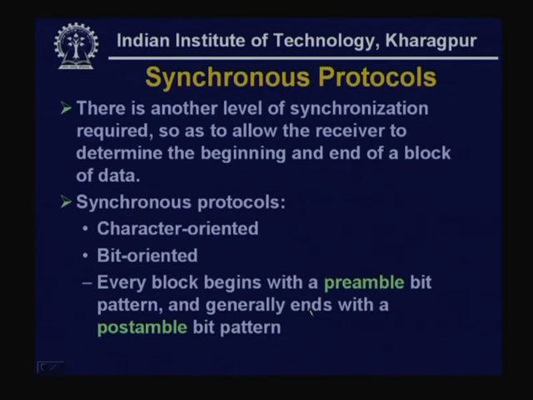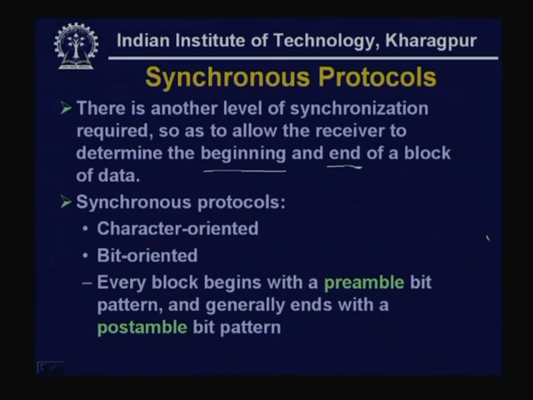Now, let us look at the protocols that are used in synchronous transmission. There is another level of synchronization required so as to allow the receiver to determine the beginning and end of a block of data. That means, apart from synchronization of the clock, there is a need for synchronization for identifying the beginning and end of a block of data.